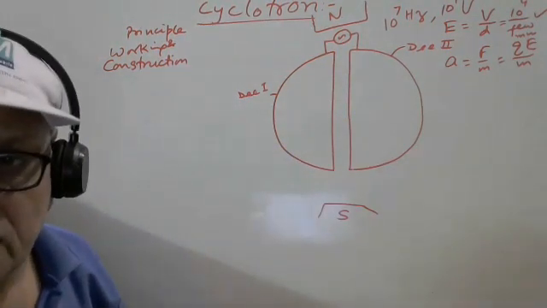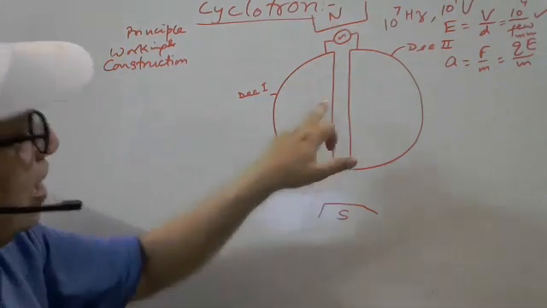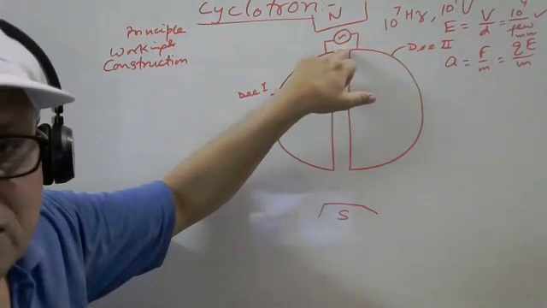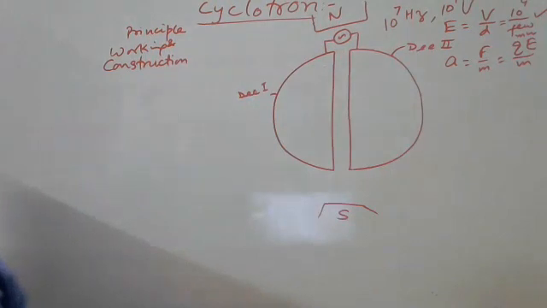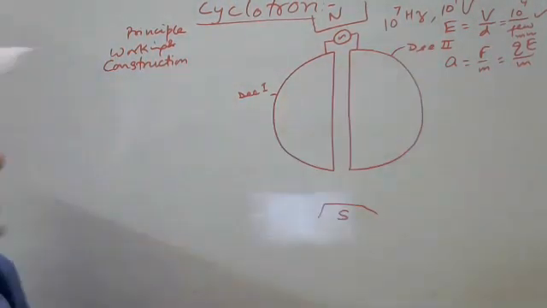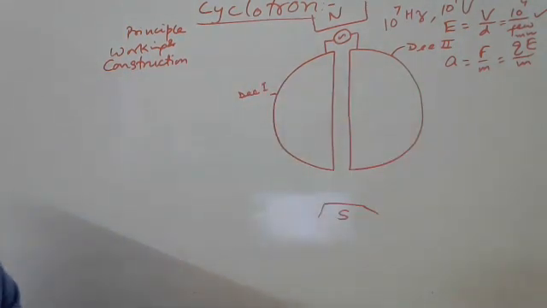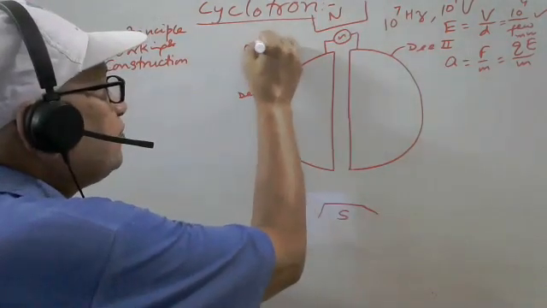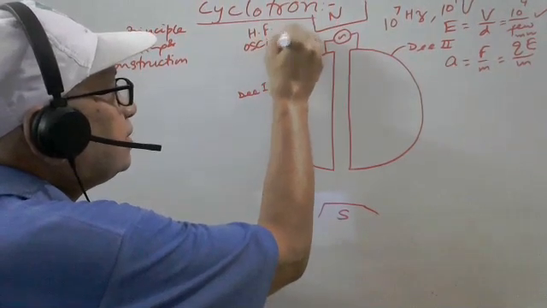So the magnetic field is definitely perpendicular to the plane, and here the electrical field is, because the oscillator is an AC oscillator. AC means it is oscillating. Electrical oscillator means it is changing the polarity also. So this is called a high frequency oscillator. Frequency we have described as very high.